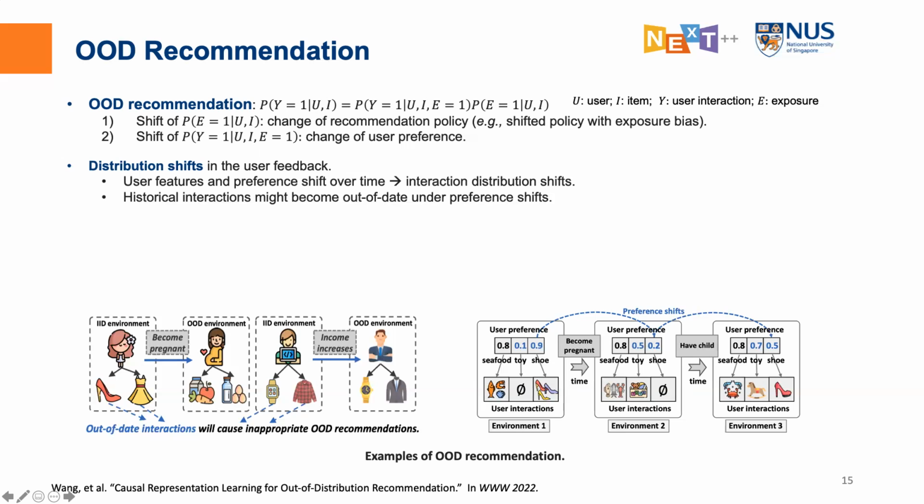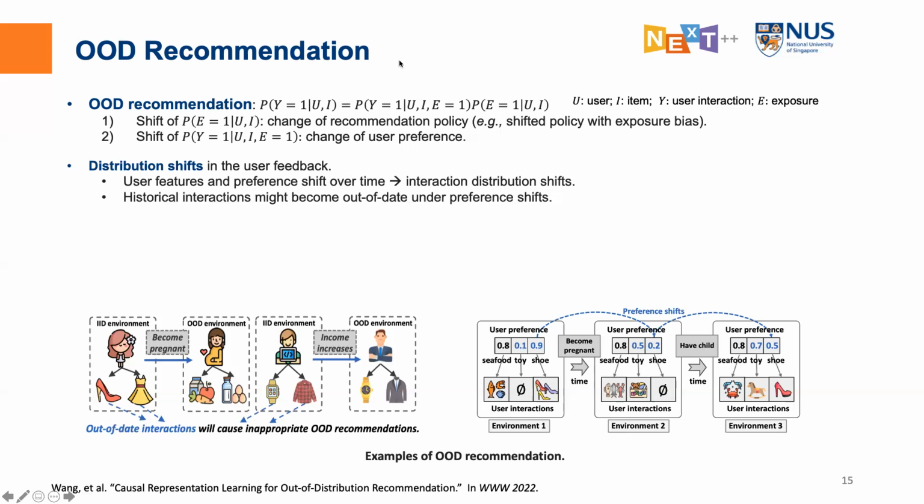This is the understanding of the interaction process. It will have two kinds of shifts over time. One is a shift of the recommendation policy. Maybe in the first week, I recommend many popular items to this user, and in the second week, I recommend some unpopular items. So the interaction distribution is quite different.